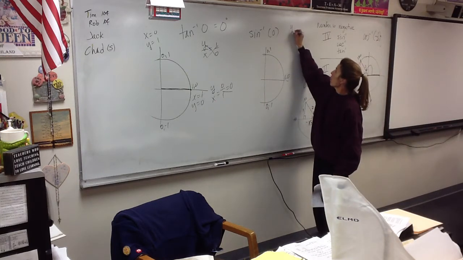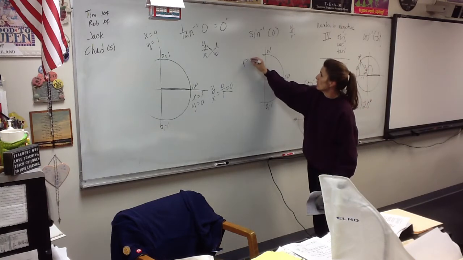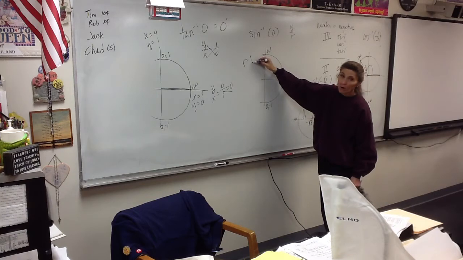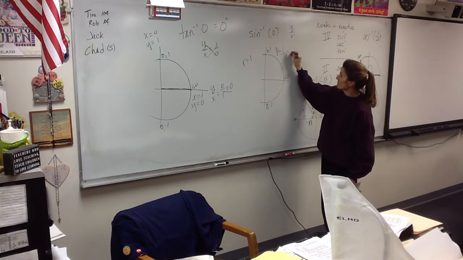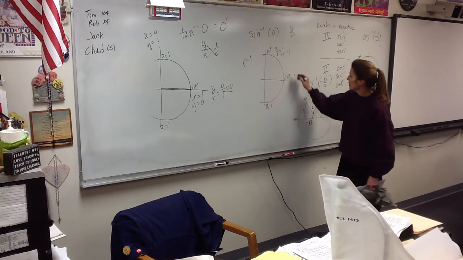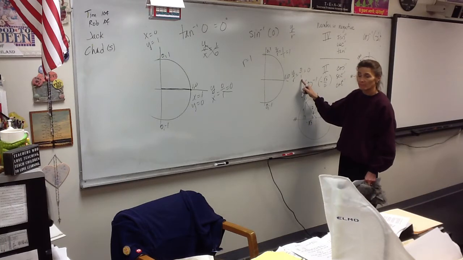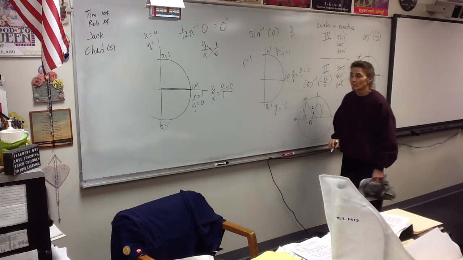Sine is y over r. Now r is 1. If I put y over r here, y over r would be 1 over 1. Here, y over r would be 0 over 1. And here, y over r would be negative 1 over 1.